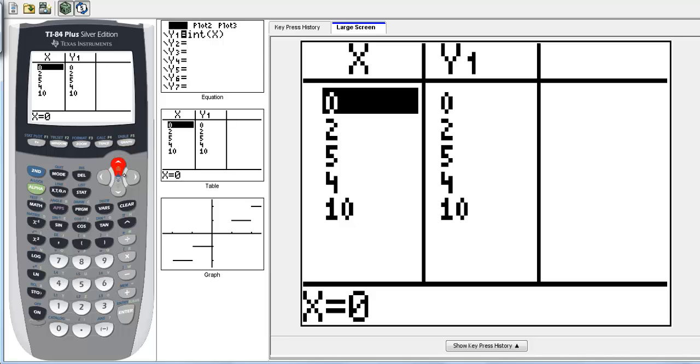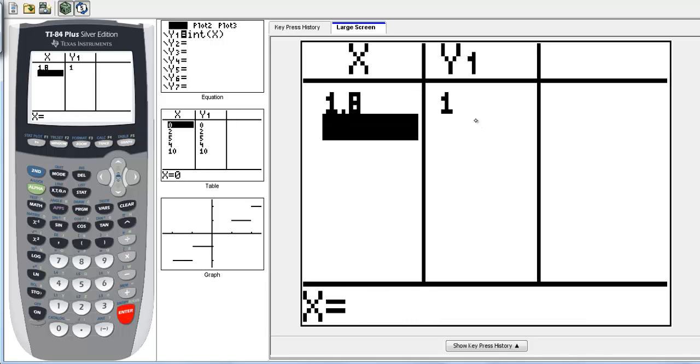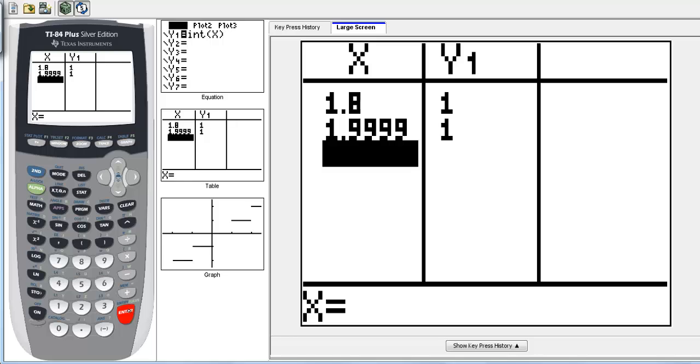Now, if I clear this out, and we want to type in, say, 1.8, and we said the greatest integer less than 1.8 is 1. And that's why if I was to type in even 1.9999, you're still going to get 1.